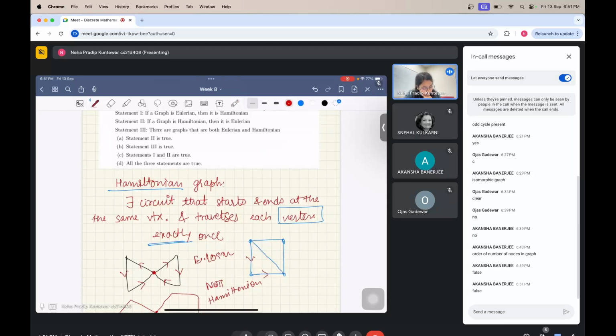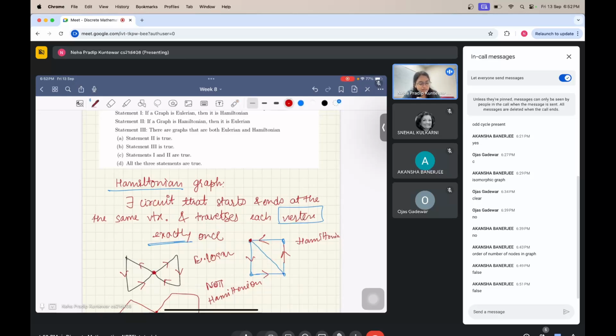If you go like this, then you have visited every vertex exactly once, and you have started and reached at the same vertex. So this graph is Hamiltonian, but you cannot cover this edge and still reach the same vertex, because if you take this edge now, then you will reach here whereas you started here.